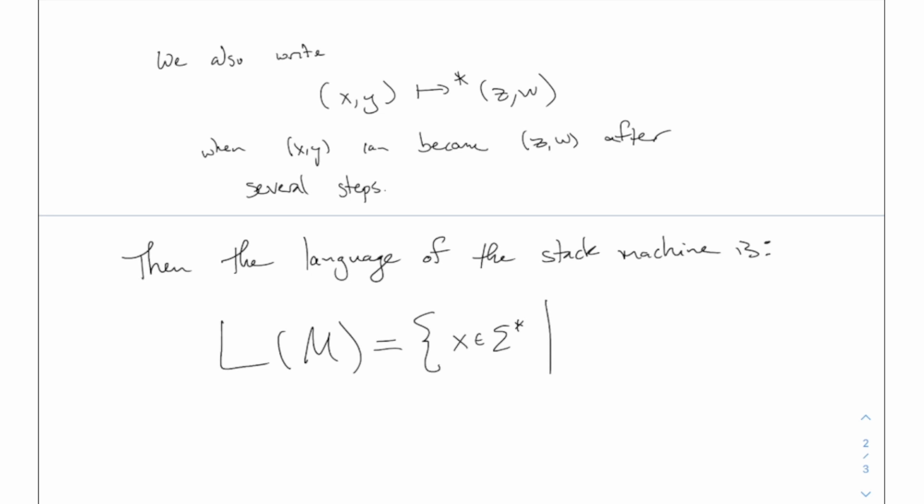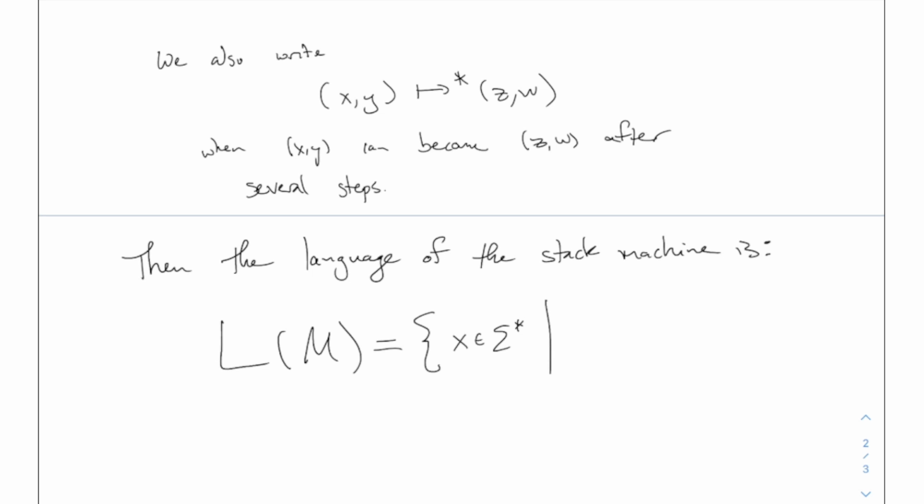Anything you can say? What does it mean to be accepted on a stack machine? You could say in words first and then try and write it as symbols. Can you remember in words just what it means to be accepted on a stack machine? You start from something, you do a bunch of stuff, and you end up with something.